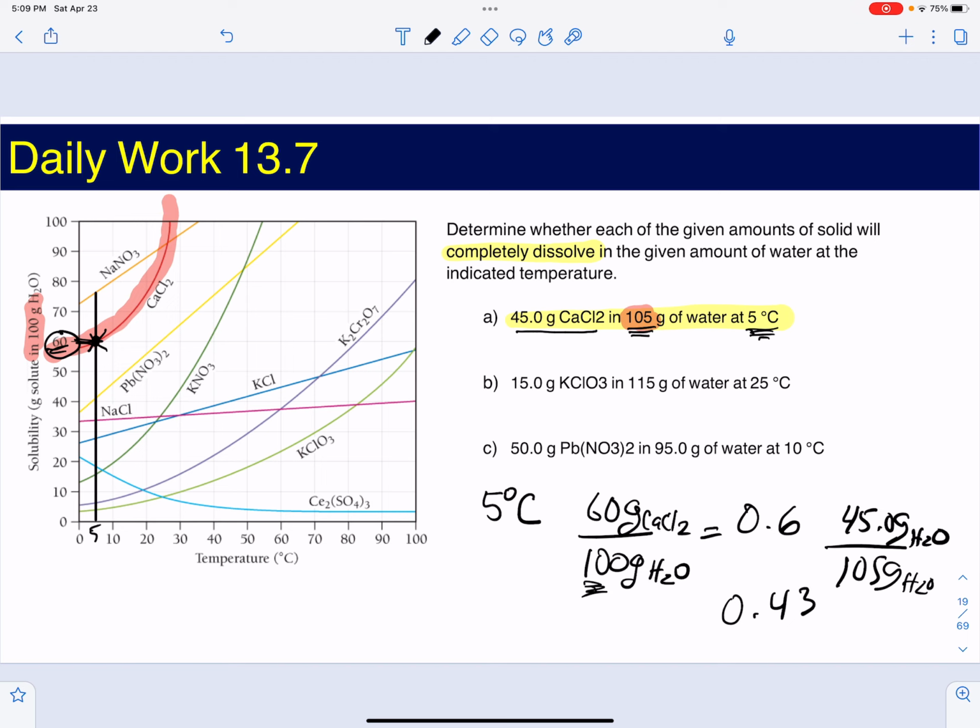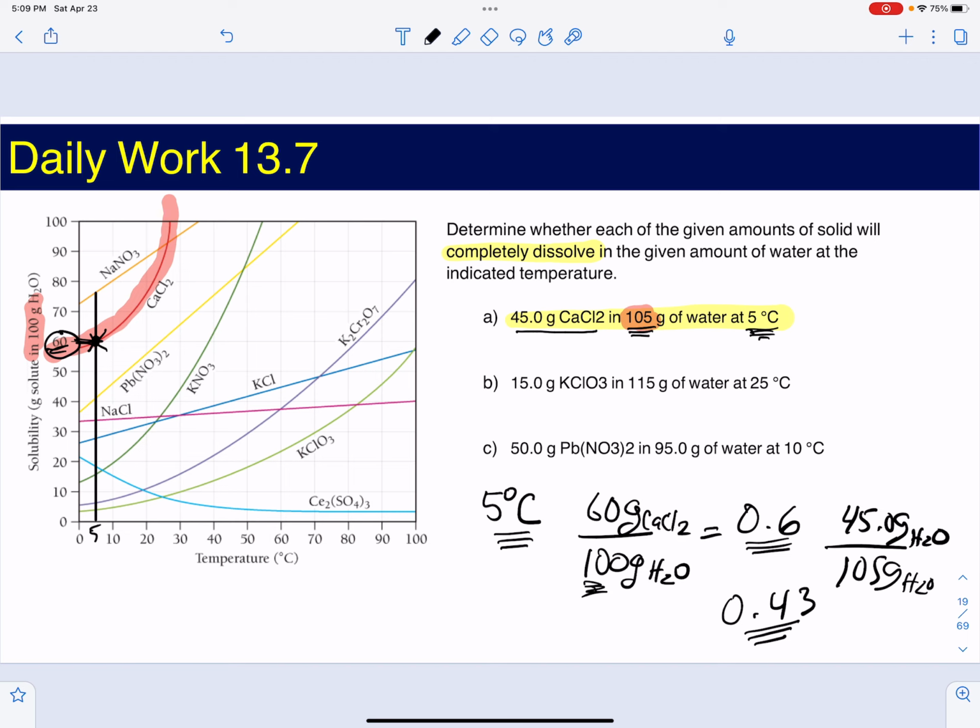So at 5 degrees Celsius, I can dissolve a 0.6 proportion. What I have is a 0.43 proportion. So that's less, so I should be able to dissolve that. The maximum I can dissolve at 5 degrees Celsius is a proportion of 0.6. What I have at 105 grams is a proportion of 0.43.